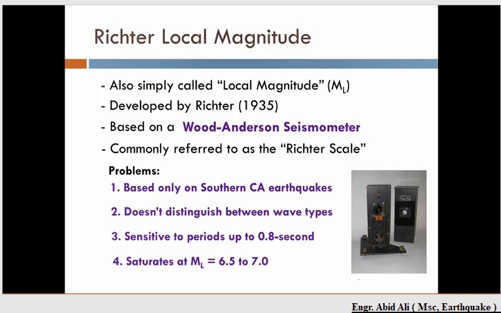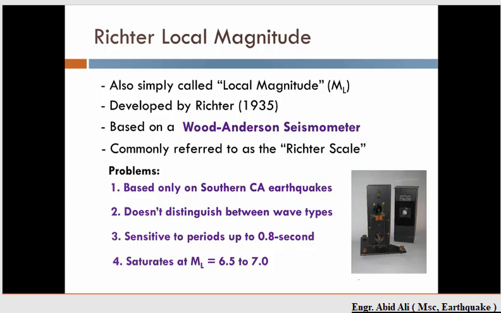It didn't really work. It does not distinguish between wave types. The mass on that Wood-Anderson seismometer moves regardless of whether you have body waves or surface waves, P waves or S waves, or any of those. It basically doesn't distinguish between the wave types.